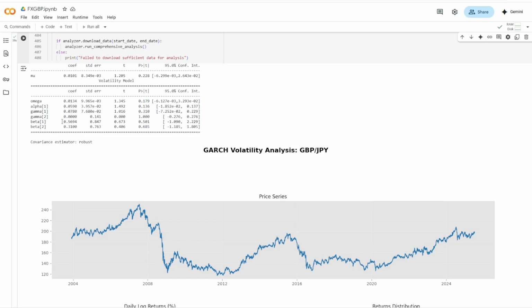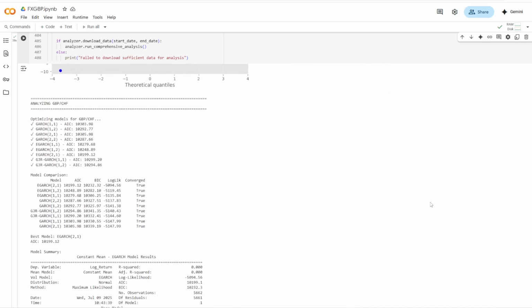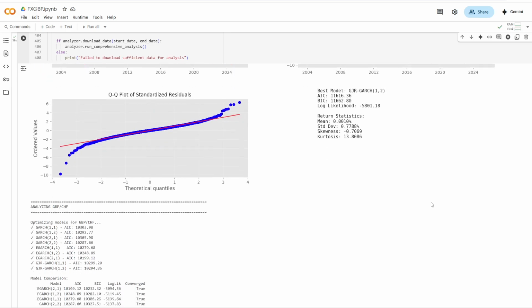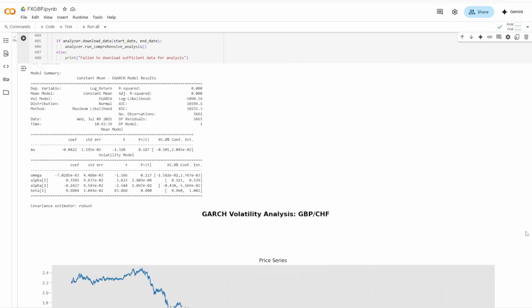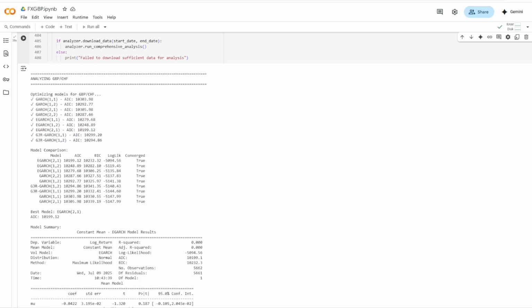Nevertheless, just for the sake of an example, here it will tell you theoretically that once you have a volatility shock in pound yen, the persistence of it is 0.56, 0.57 per 1 unit. Okay, let me double check the Swiss franc.